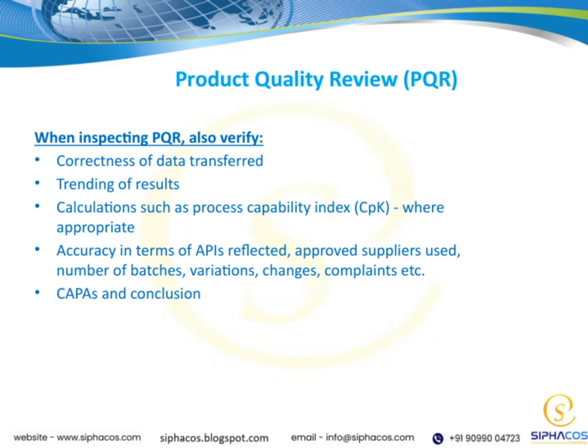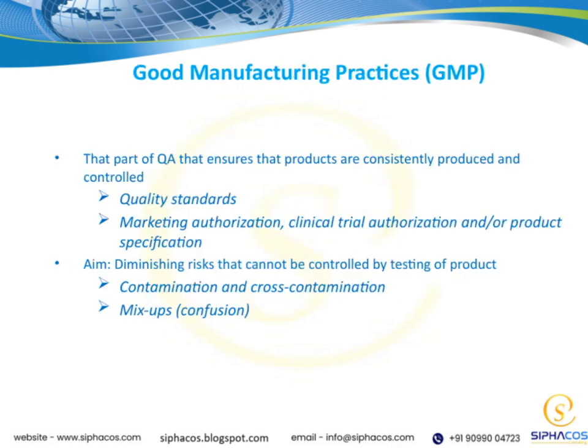Now, let's look at the part of quality assurance that focuses on ensuring our products are consistently produced and controlled. This involves adhering to strict quality standards, which are critical to maintaining product integrity. These standards are often backed by marketing authorization, clinical trial approval, and detailed product specifications that guide every step of production.